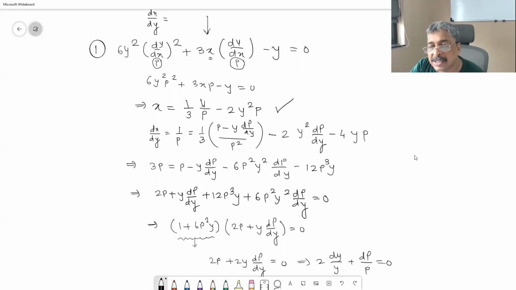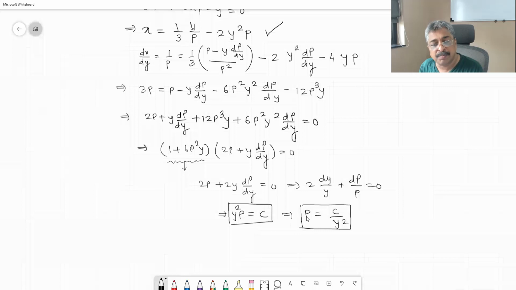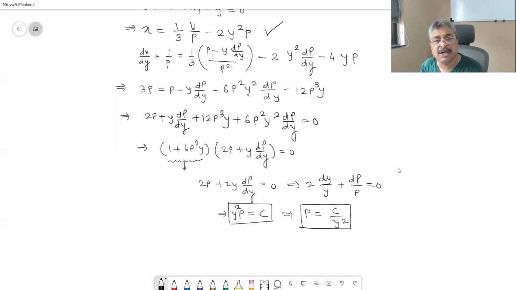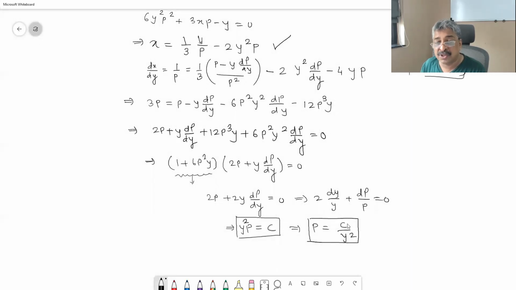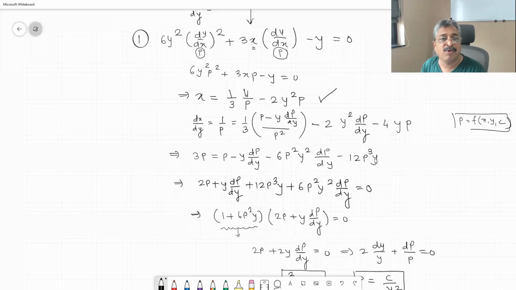If I can replace P as a function of x, y and the constant, then that is what we want. The relationship is substituted wherever P is, and that is the solution. We are not supposed to further solve this differential equation. That is the game involved in this.